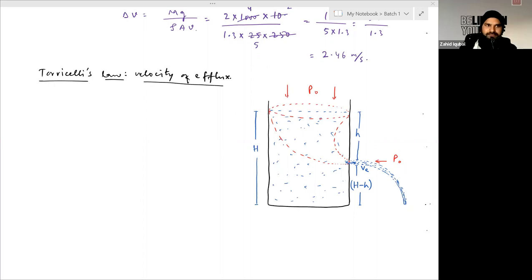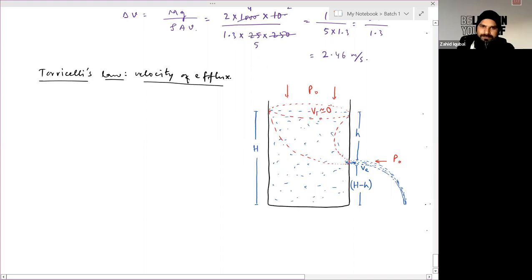Now we have to calculate the velocity of efflux related to this entire segment. You'll say that on ejecting liquid through this hole, the level of liquid at the top may decrease, but the hole is very small compared to the surface exposed to air, so the area is very large. So the velocity of the falling level of liquid at this instant will be almost zero.